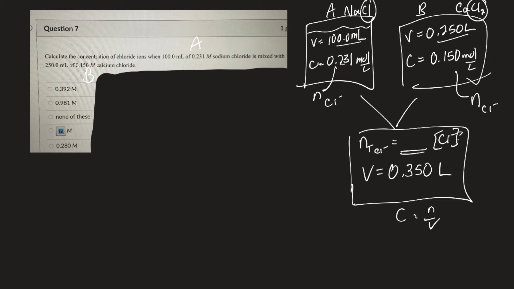So let's start with finding the moles of chloride ions in the first one. They tell me this is the concentration, but that is of sodium chloride, not chloride ions. So I have to remember that I've got to dissociate this. So I have sodium chloride, dump it in water, it'll be sodium ions and chloride ions.